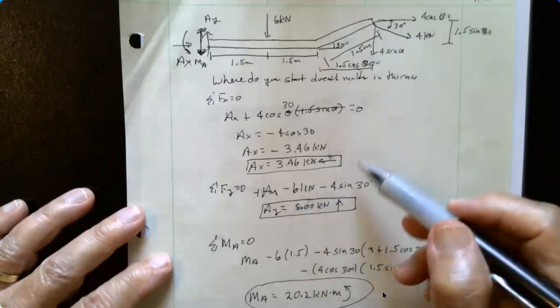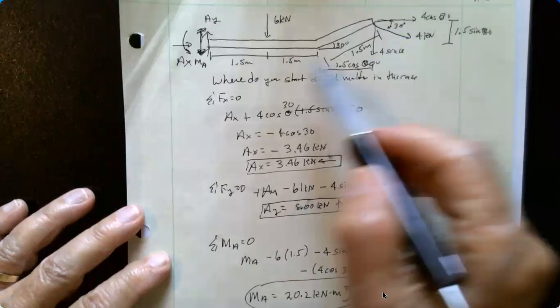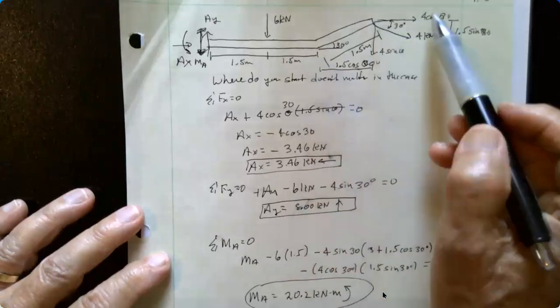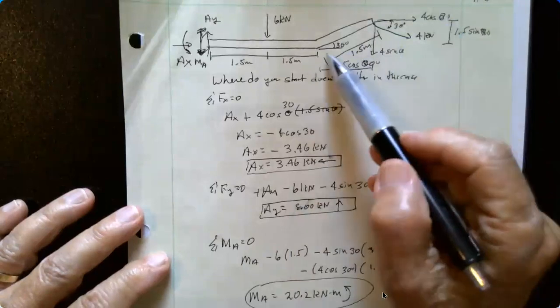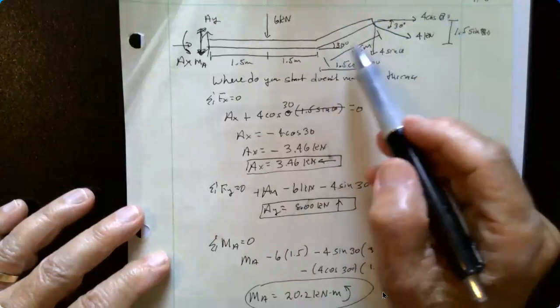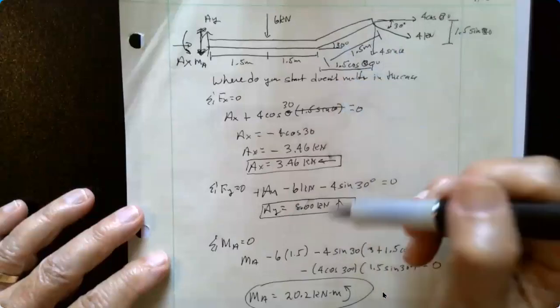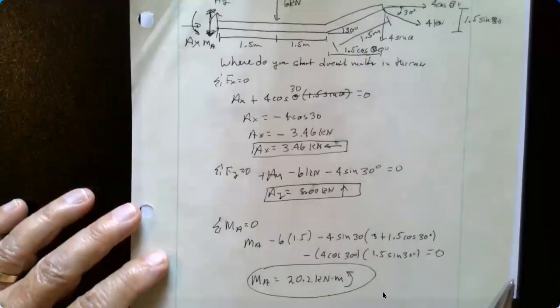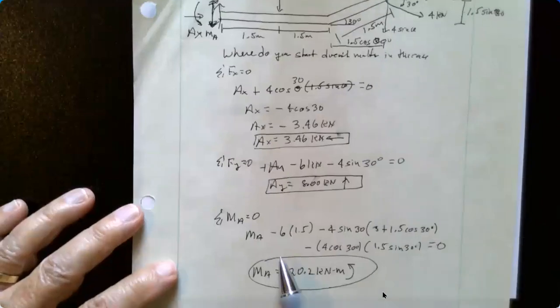Okay, it ends up being, once we do this, get the force in the X and Y direction, and once we get the distances in the X and Y direction, the solution is very, very simple when we do that. Then I just take moments about A equal to 0.